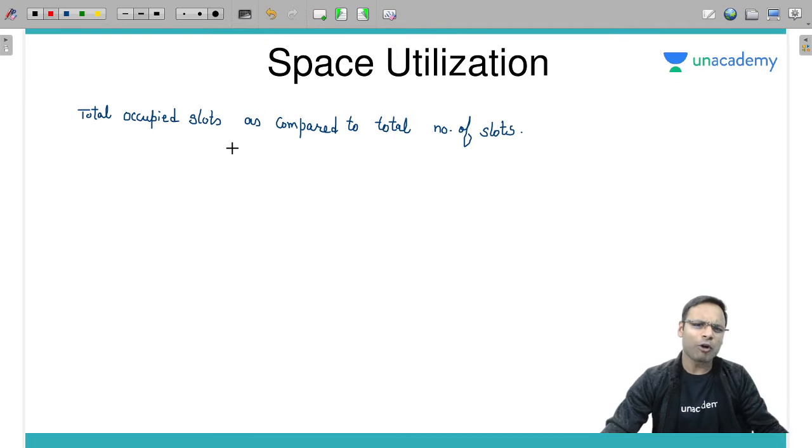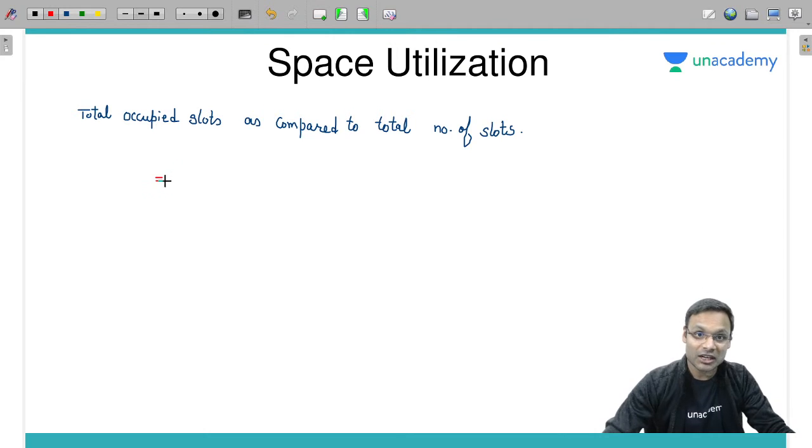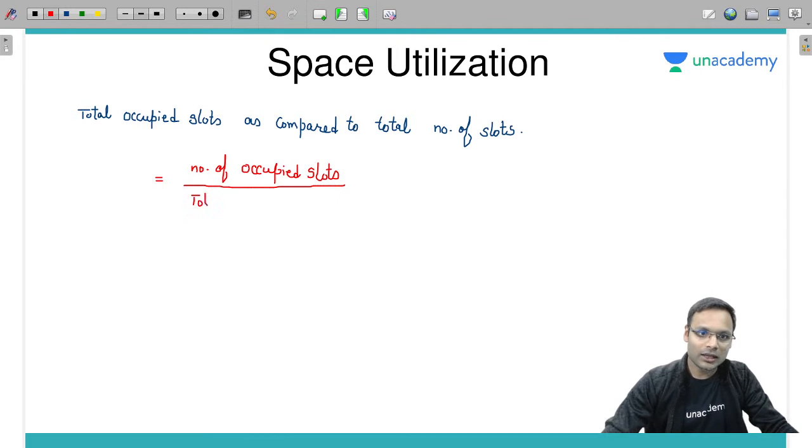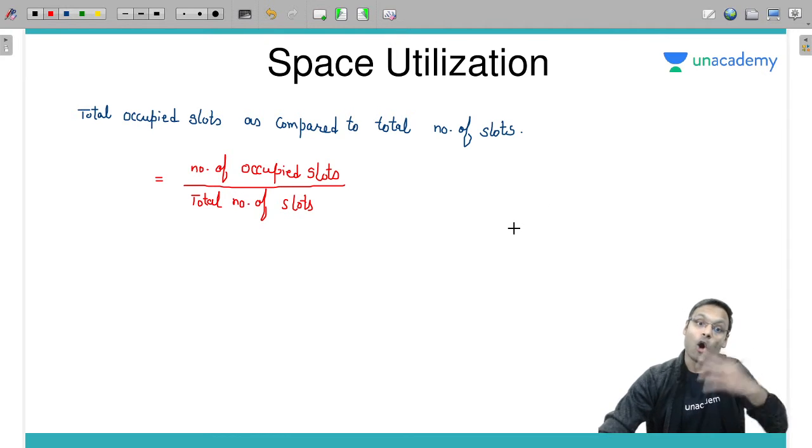So what should be the formula of space utilization? Can you tell me? You only tell me what should be the formula to get the space utilization. कितना space utilize हुआ, number of occupied slots divided by total number of slots. If we have s number of slots, maximum how many slots I can occupy? All.